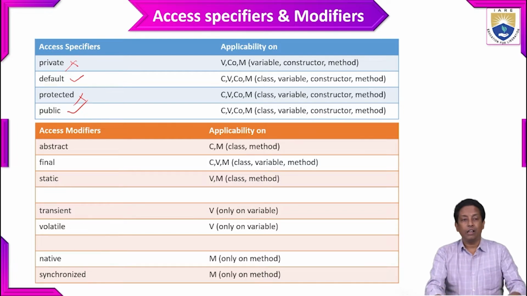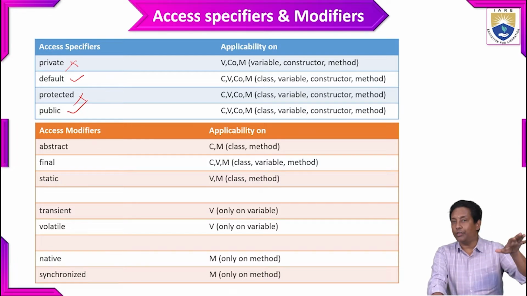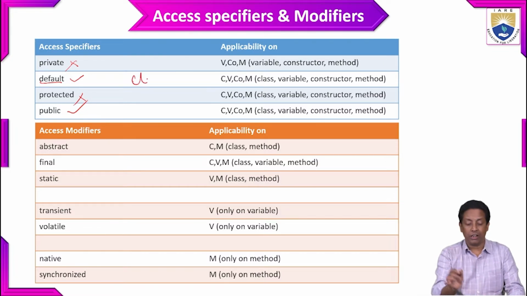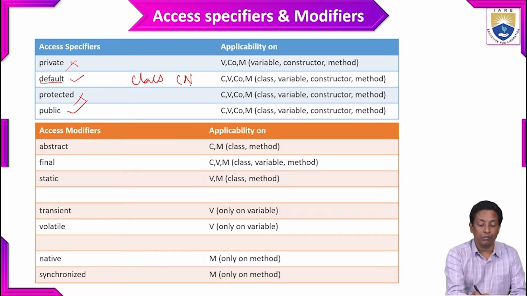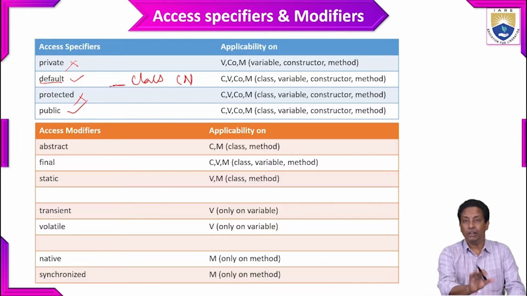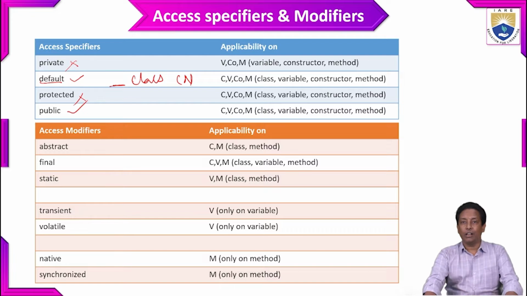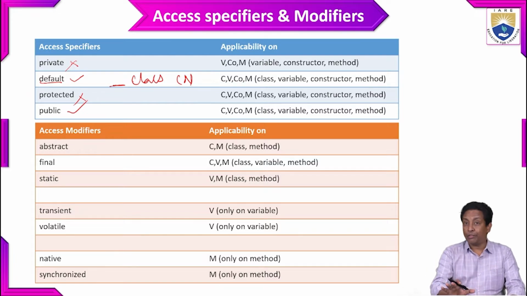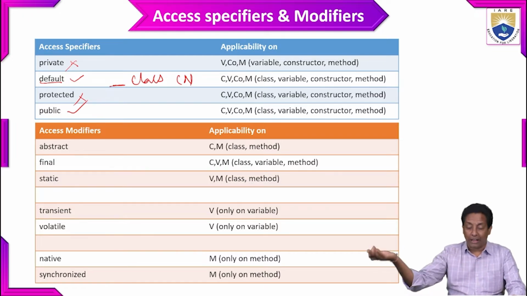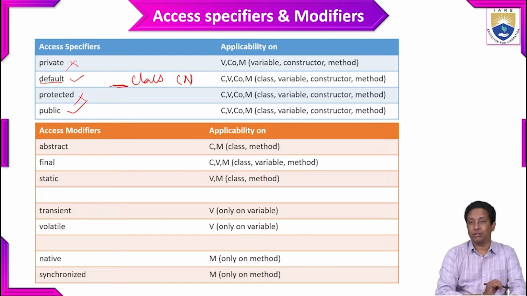If a class is to be useful only within the package, declare it as default. Don't write any prefix, just write class followed by the class name, so it becomes the default access specifier. If we don't want to use the class outside the directory, the so-called package, then go for a default access specifier class.